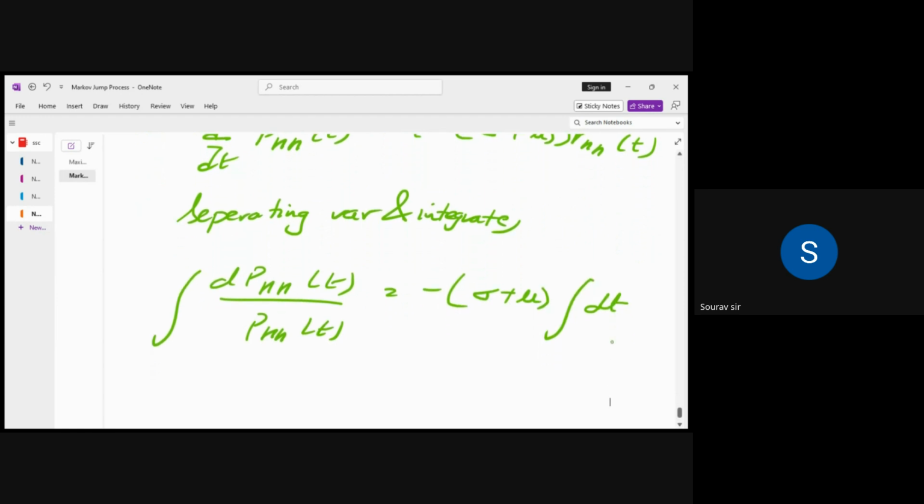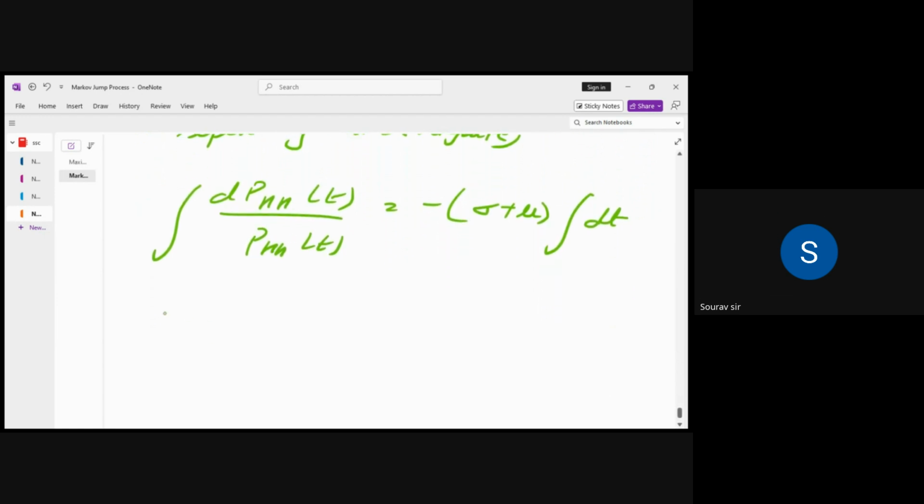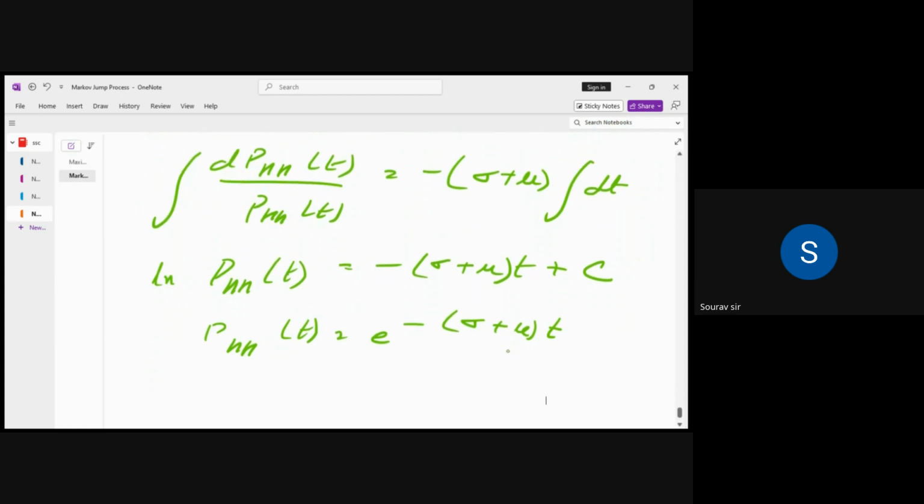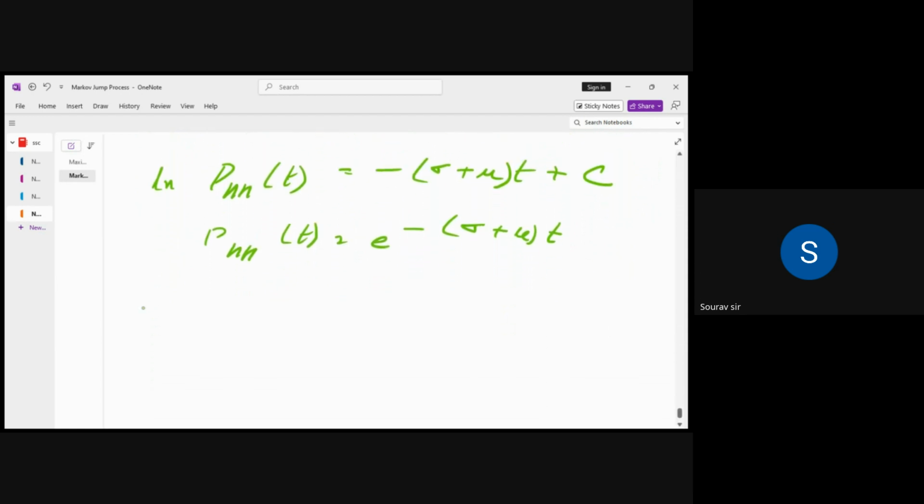Then ln of P_HH(t) is minus (theta plus mu) t plus c. So P_HH(t) is e to the power minus (theta plus mu) t. This is case 1.